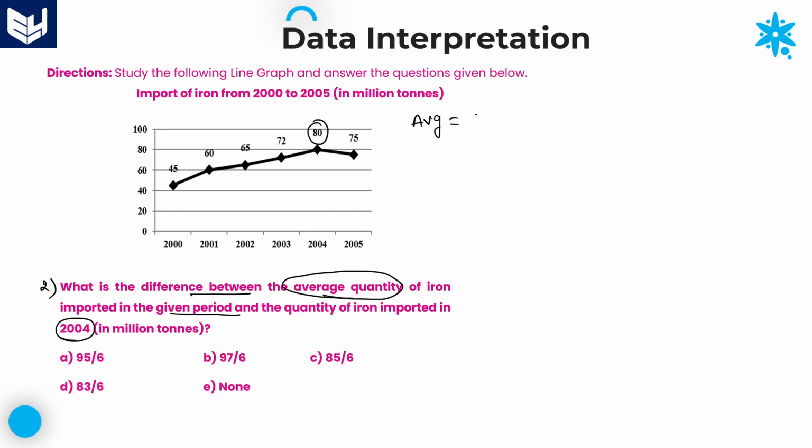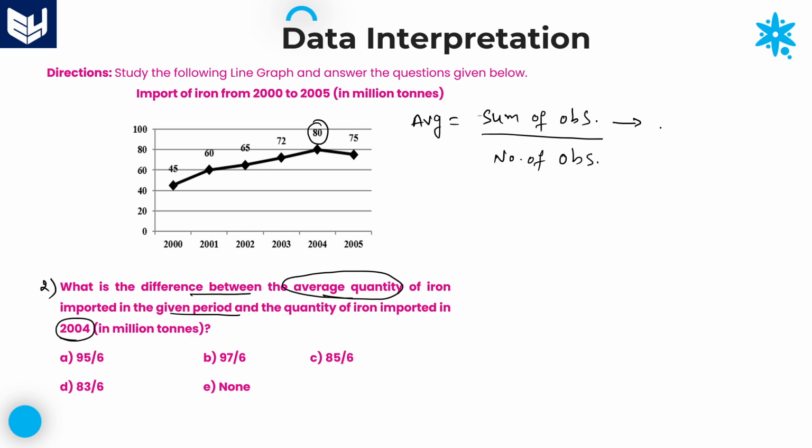Average is equal to, as we all know, sum of observations divided by number of observations.